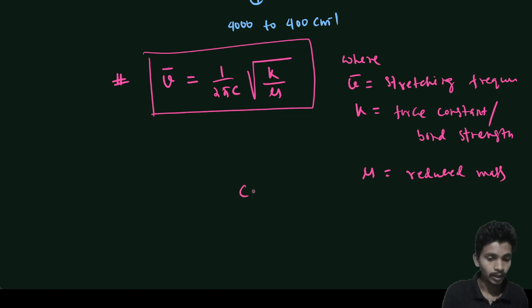Let's say you have a C and H bond with masses m1 and m2, then the reduced mass is m1 into m2 upon m1 plus m2.